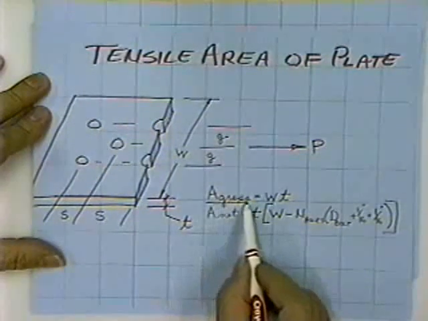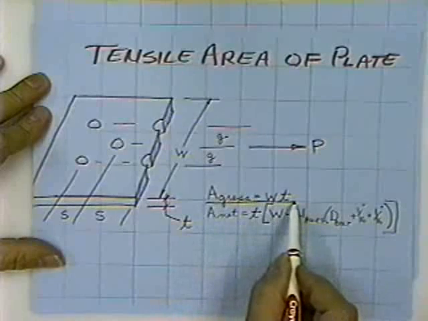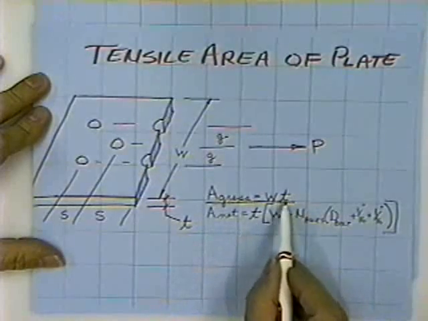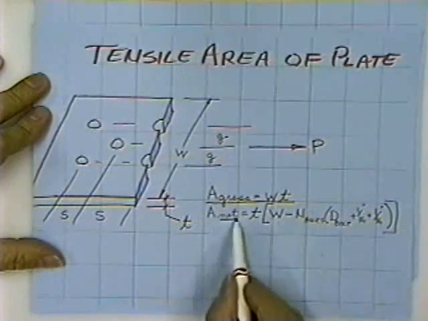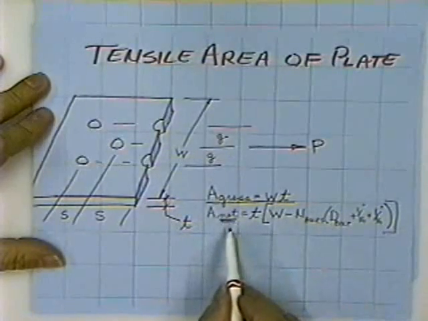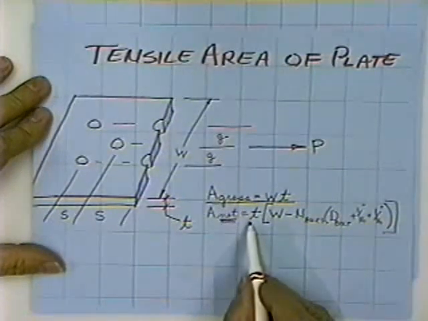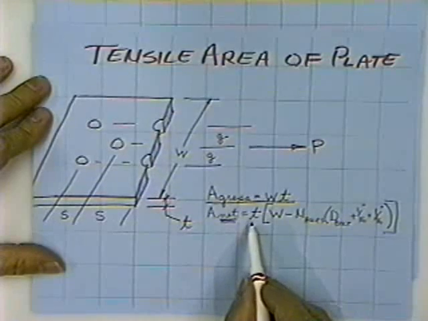Now the gross area of the plate, with no deductions due to the holes, would be the width of the plate times the thickness of the plate. The net area takes into account the fact that there are holes there, and that simply is, again, the remaining width times the thickness.